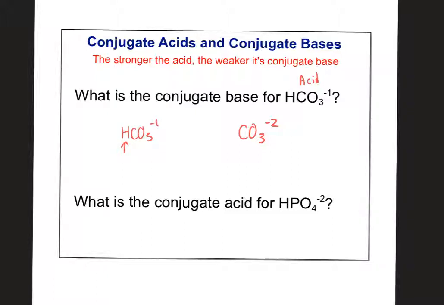Okay, now I want the conjugate acid, which means this is the base, for HPO4 2-. A base is going to accept an H+, so we get another H out in front, we get PO4, and we just have 1- because it gained that proton, that +1 charge.